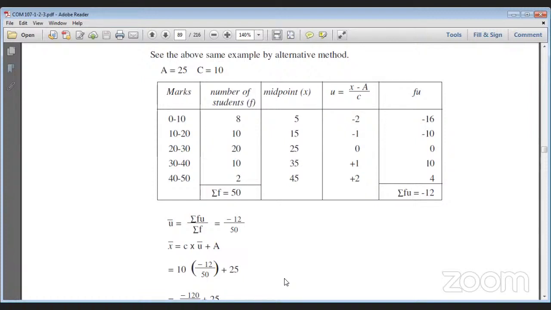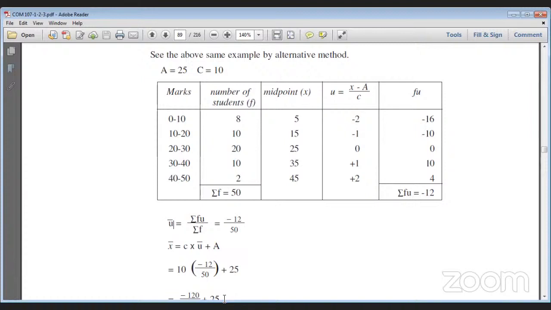So here 10 into minus 12 divided by 50, plus 25. So the answer here is 22.6.